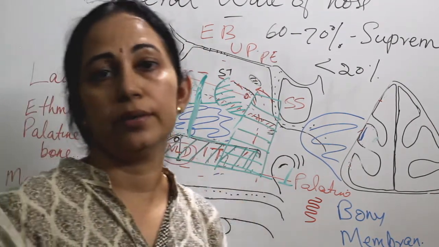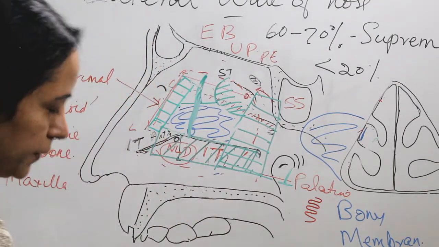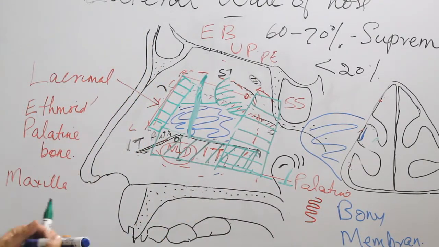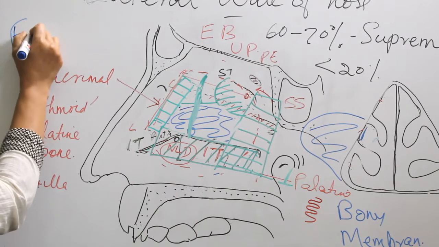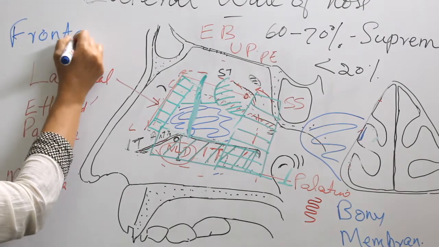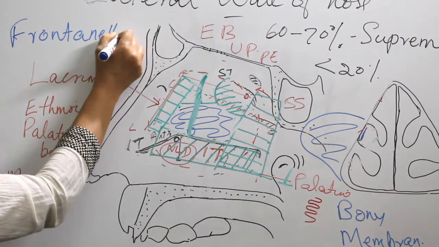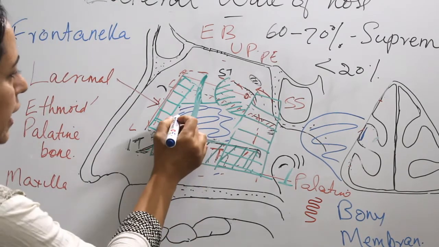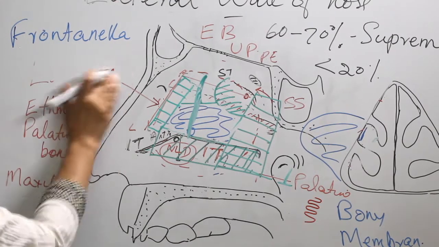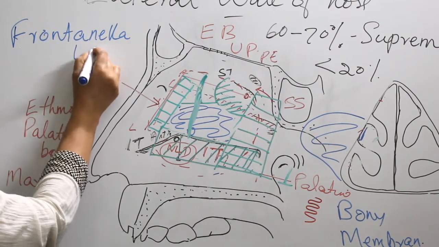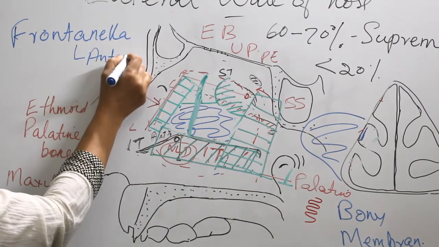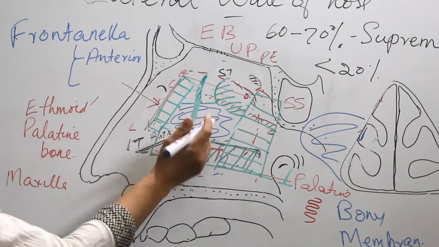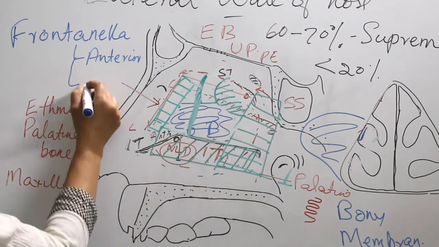And that is called the fontanelles. Okay, that is a fontanelle. So how many fontanelles are there? There is an anterior fontanelle, which is anterior to the uncinate process, and also there is a posterior fontanelle.